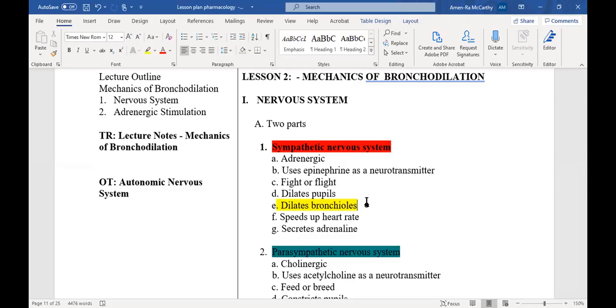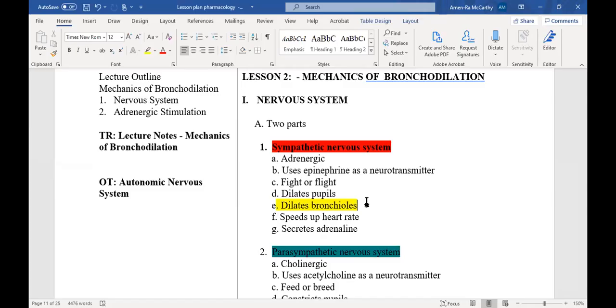If I'm a chemist or a doctor, I can sit in my lab and say, this person is having problems with his airways closing. I know that the sympathetic nervous system, when stimulated, will open up his lungs. So let me find a drug or some chemical I can put together that will act like or mimic the effects of the sympathetic nervous system.